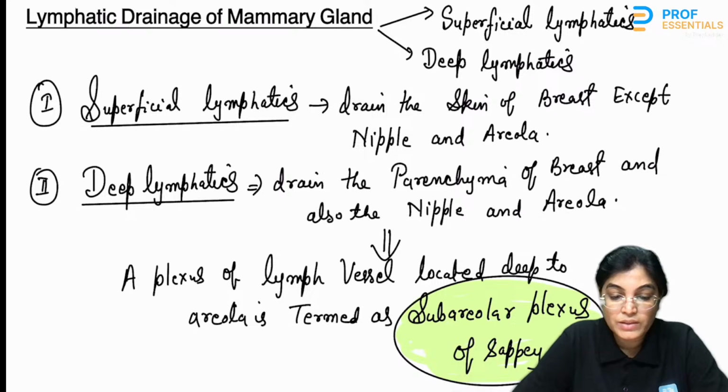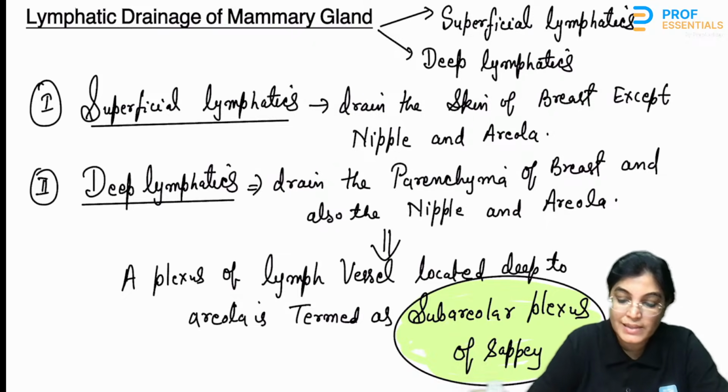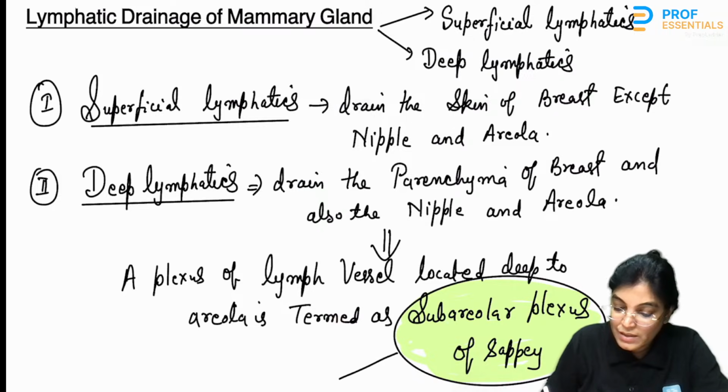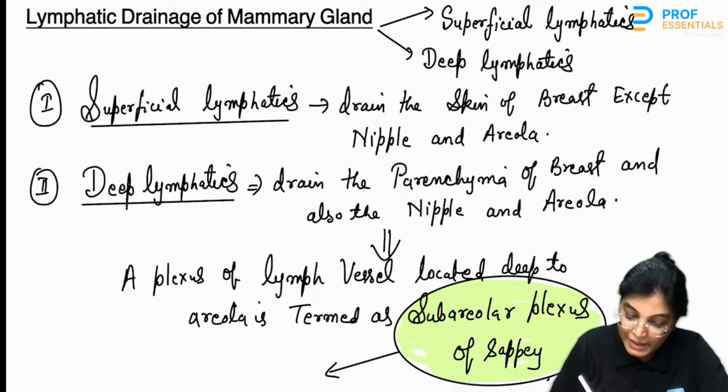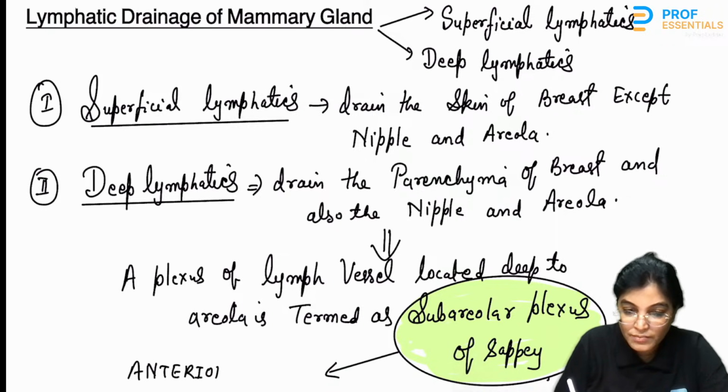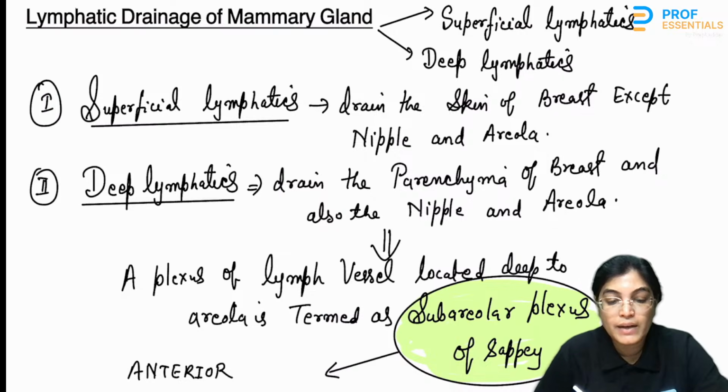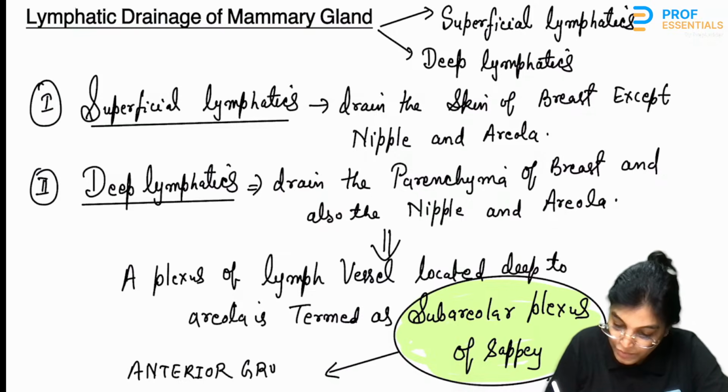The lymphatics from this area via the subareolar plexus of Sappey drain into the anterior group of axillary lymph nodes.